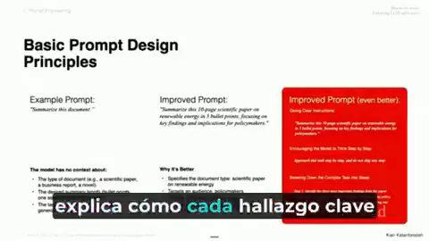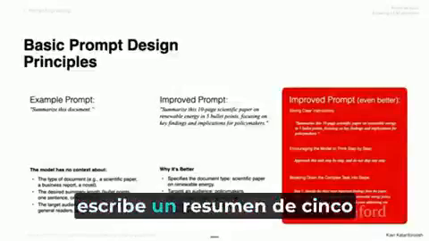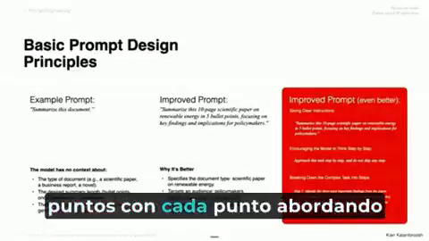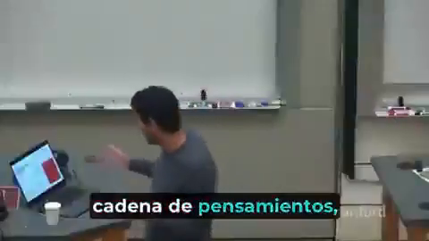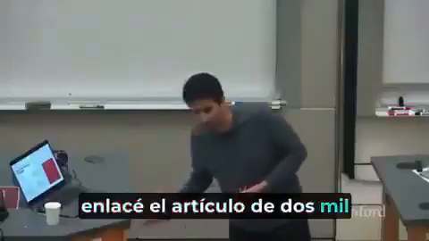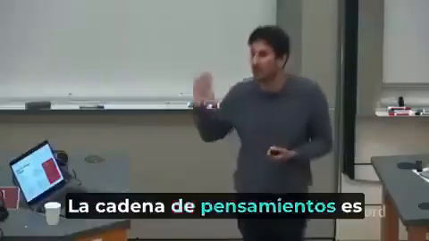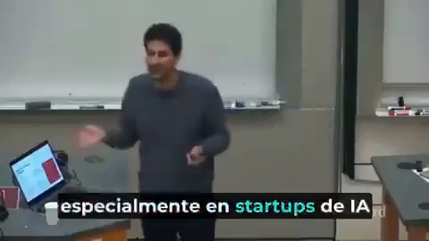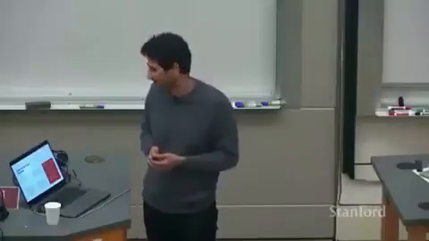Step 2, explain how each finding impacts renewable energy policy. Step 3, write the 5-bullet summary with each point addressing a finding, etc. So, chain of thought. I linked the paper from 2023 that popularized chain of thought. Chain of thought is very, very popular right now, especially in AI startups that are trying to control their LLMs.